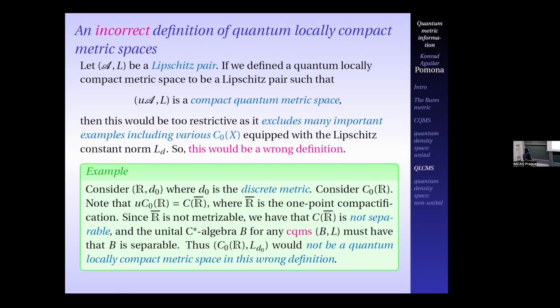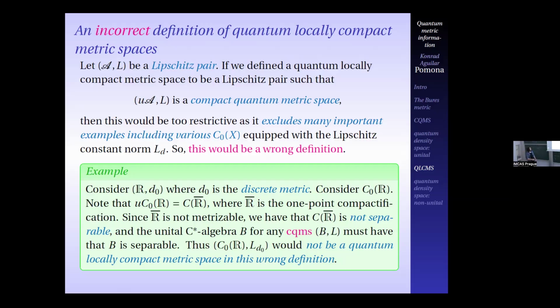If you have a compact quantum metric space, CQMS, I'm using that for compact quantum metric space, it must be the case, if you assume the metrization of the weak star topology and all those things on the state space, with L vanishing at scalars only, that the unital C-star algebra is separable. So therefore, this thing would not satisfy this definition, right?